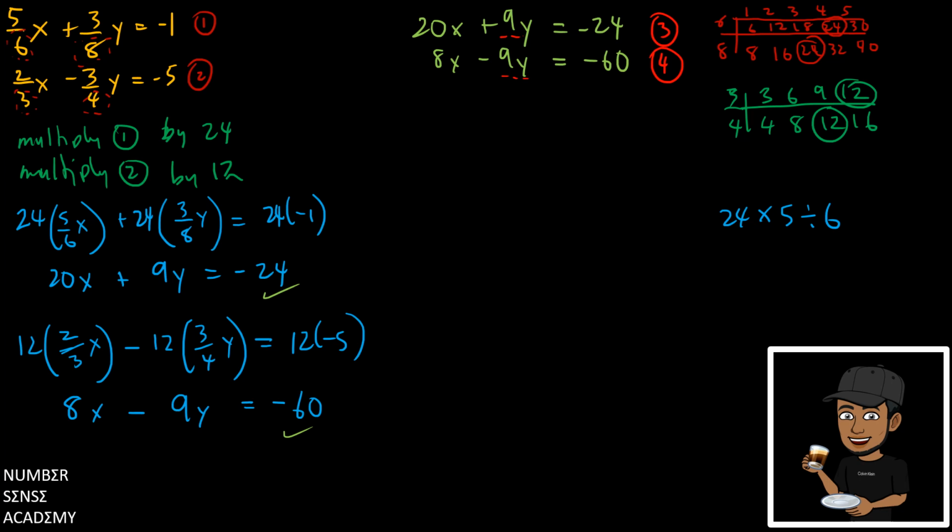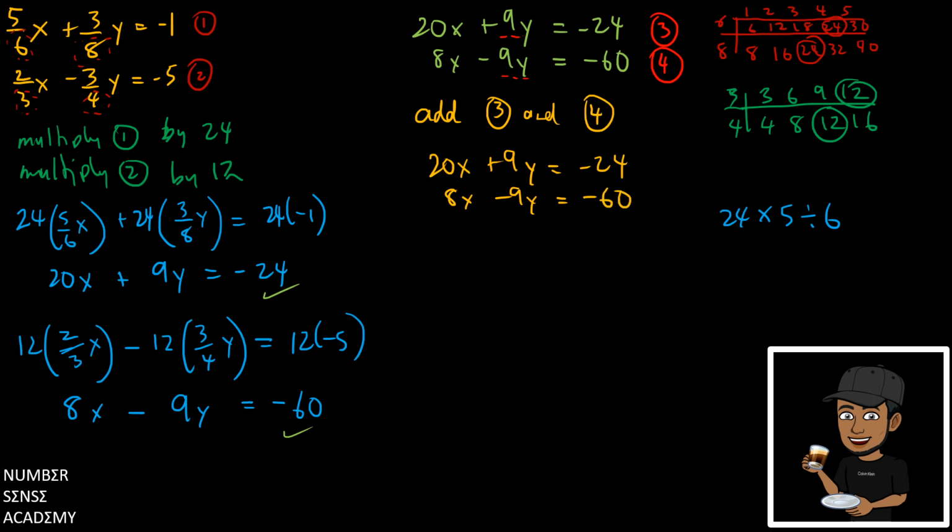I'm going to add equation 3 and 4. So I have 20x plus 9y equals negative 24. Then I have 8x minus 9y equals negative 60. And I'm adding them.